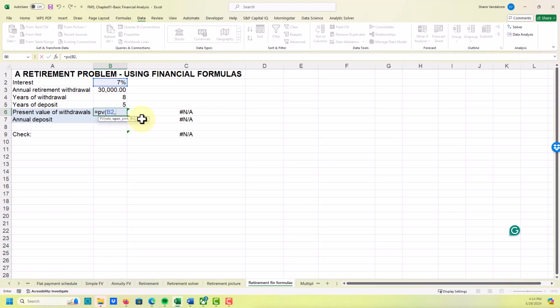Our number of periods that we're going to withdraw over is 8 periods. We're going to withdraw $30,000, and I'm going to make this negative to get a positive number. Oh, excuse me, the future value is 0. And then the type is 1 because we're going to make these at the beginning of the period.